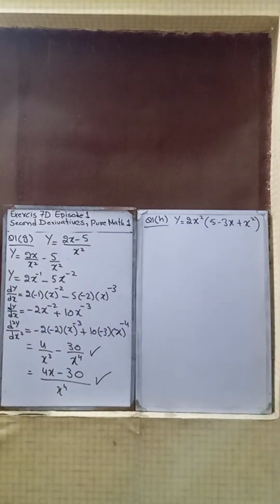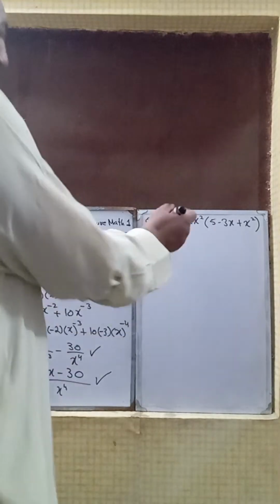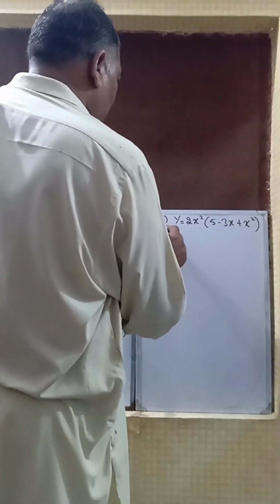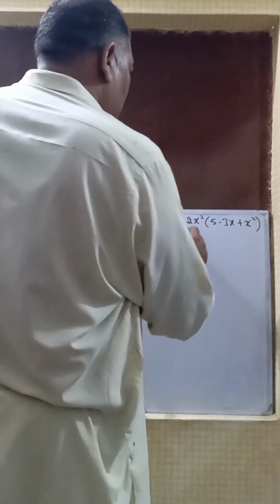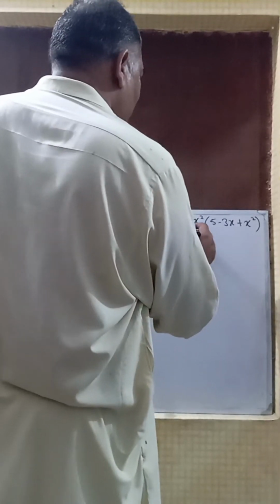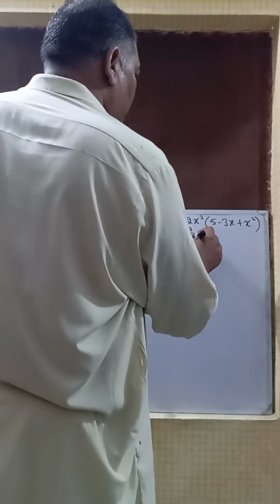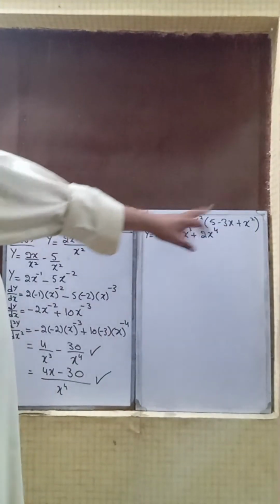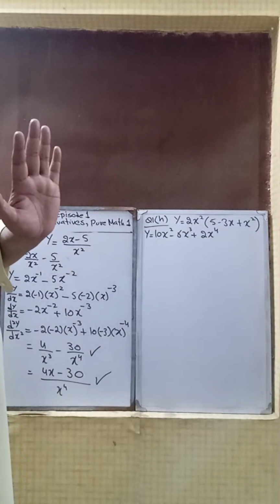So this is the question given, and we want to find the second derivative of this. First of all, I will simplify this. y will be equal to 10x square minus 6x cube plus 2x raised to power 4. You see, I multiplied it. Now you can differentiate it.